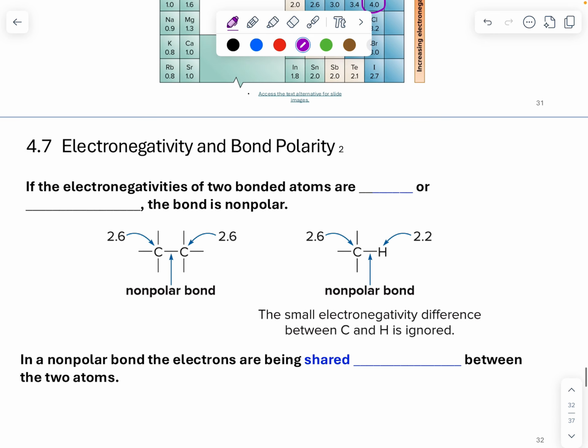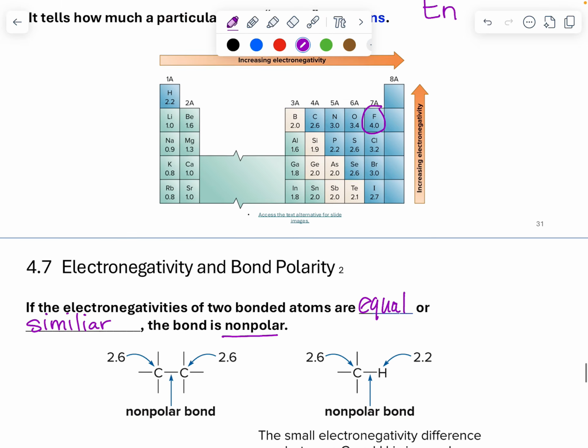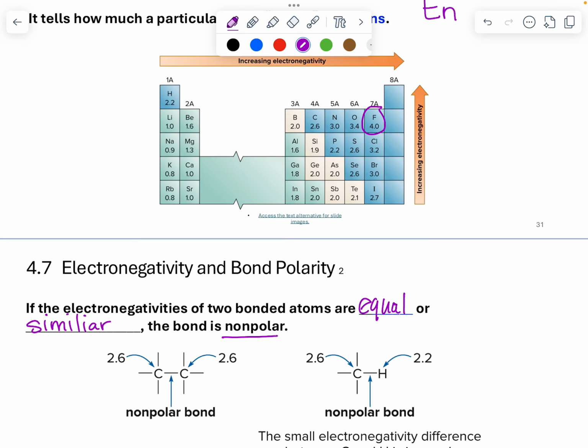So we see here, if the electronegativities of two bonded atoms are equal or very similar, then we say that the bond is nonpolar. So when we look at some electronegativity values on the periodic table, for example, they have a C and a C. If we look at the value here for carbon, it's 2.5.